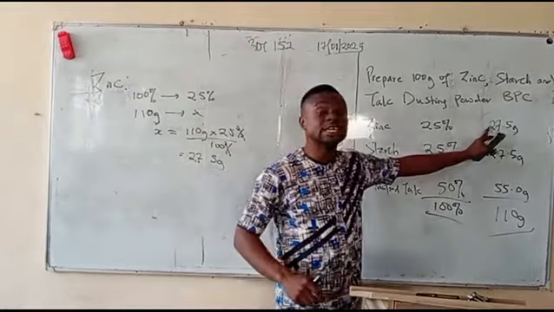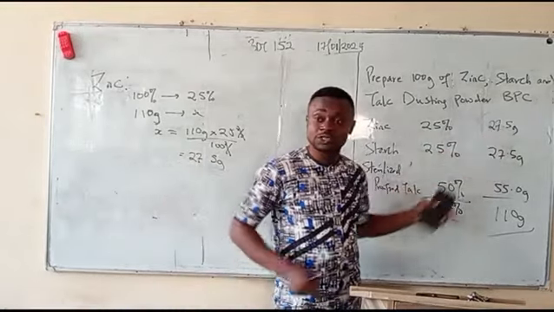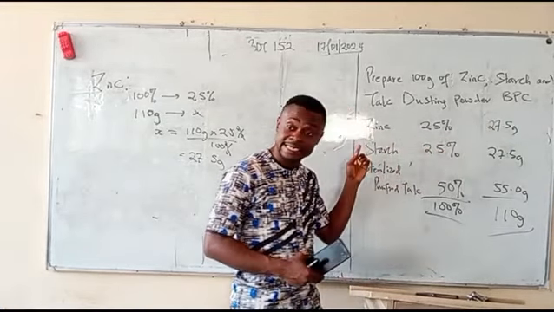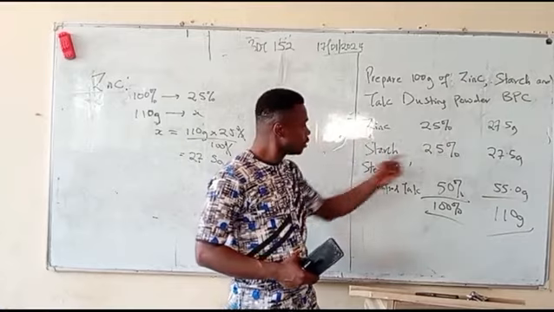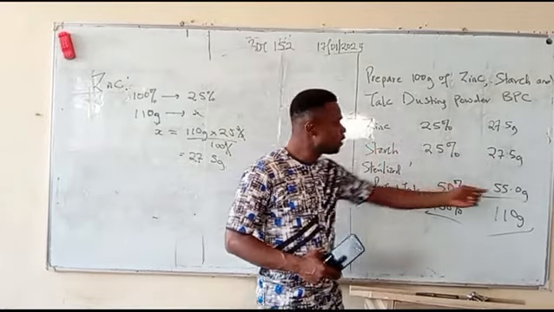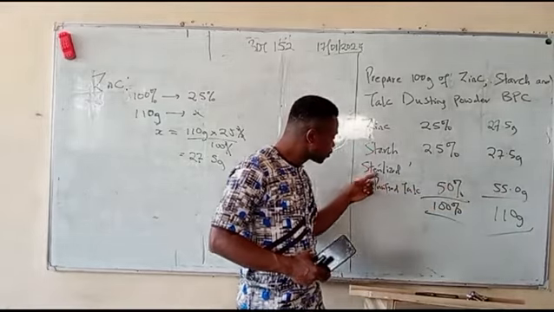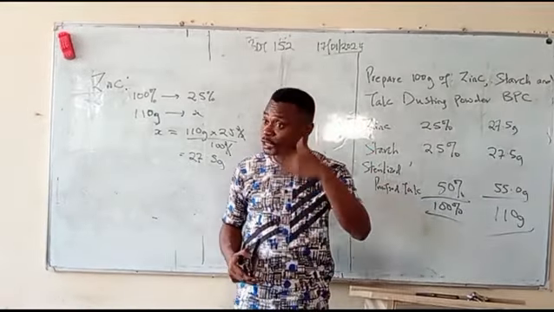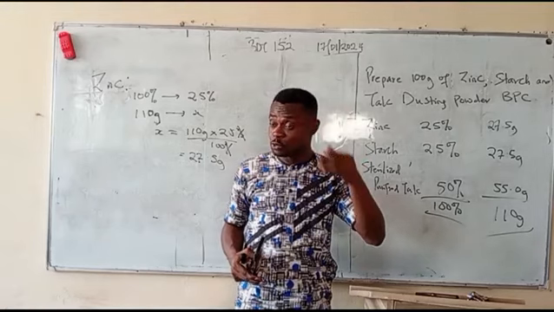So that's why you put this overage. Here now, you weigh 27.5 grams of zinc, weigh 27.5 grams of starch, then weigh 55 grams of sterilized talc and mix properly using your geometric dilution.